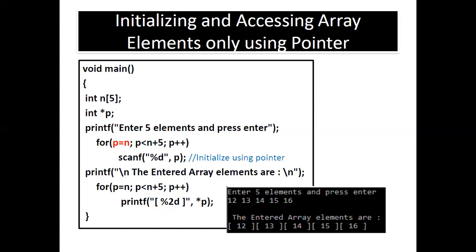So this for loop is a very interesting declaration of how you use the pointer inside a for loop and use the concept of pointer arithmetic to handle the array elements. And then you scan and initialize along with your p, and as p is p++ every time, you need not take tension of it. It keeps on moving to the next element.